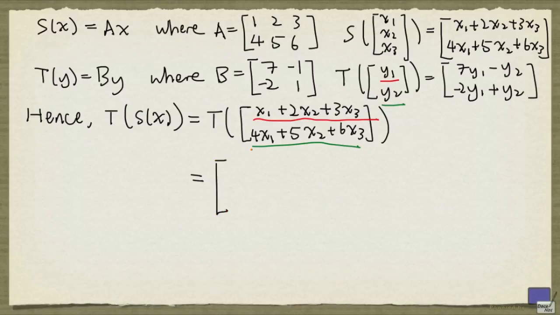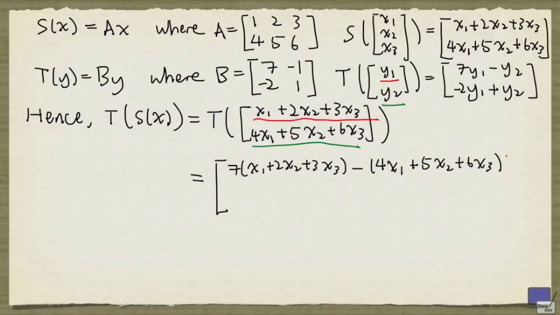So this will give me 7 times x1 plus 2x2 plus 3x3, the first component here, and then minus the second component, which is 4x1 plus 5x2 plus 6x3. And similarly, we can obtain the second entry.